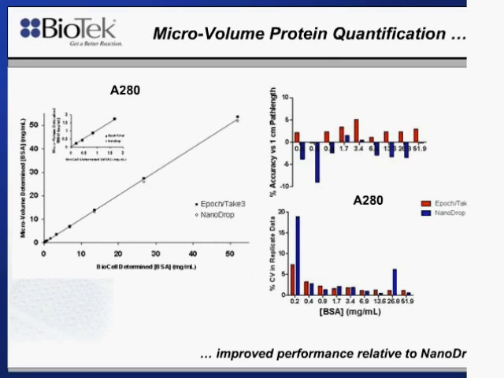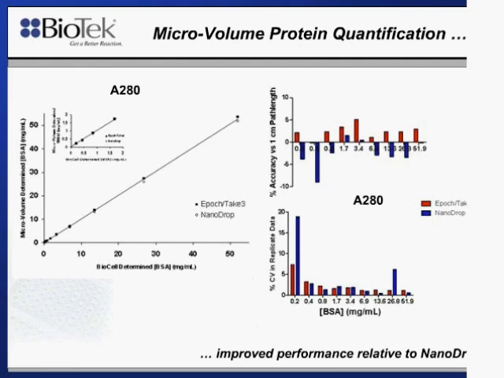And what you'll notice is that we have a near perfect fit, and it compares well also with the nanodrop, and we've gone down to essentially very low milligram per mil or high microgram per mil concentrations, down into the hundreds of micrograms per mil. And again, this was done with 2 microliters of sample.